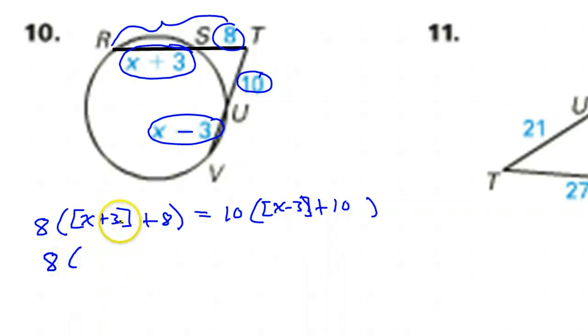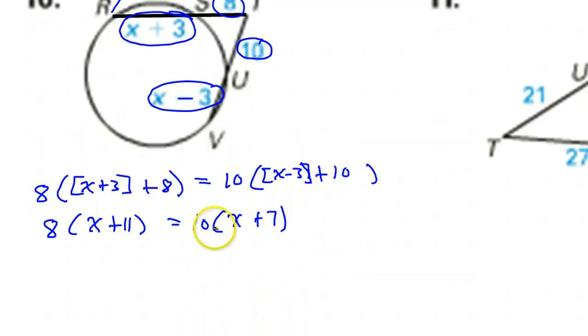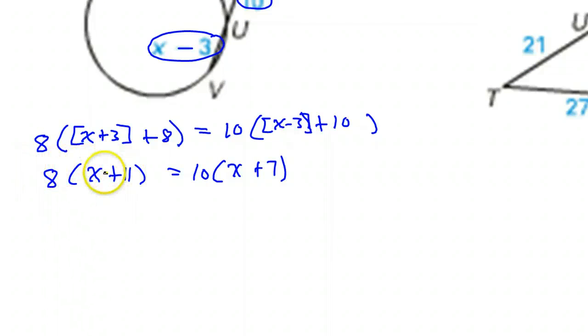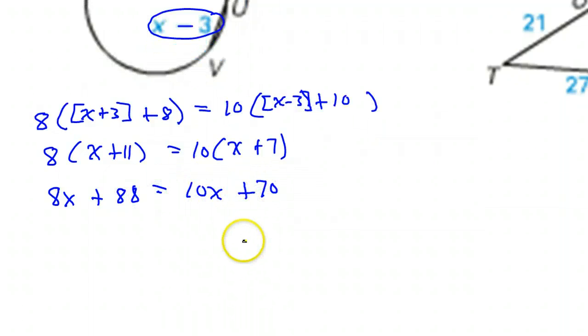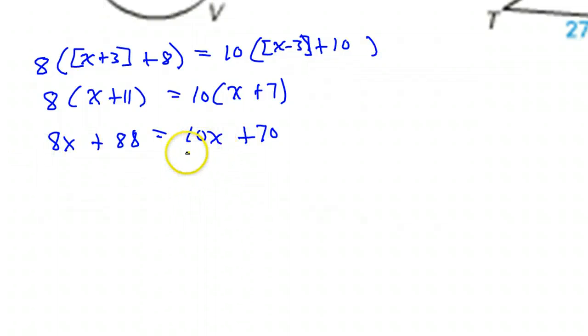So the 3 and the 8 make 11. So this is x plus 11 in here. The negative 3 and the 10 make 7. And then you can go on and do the normal distributive property. So I get 8x plus 88 is equal to 10x plus 70. I like to get the x's together as soon as possible. So I am going to subtract 10x from both sides.